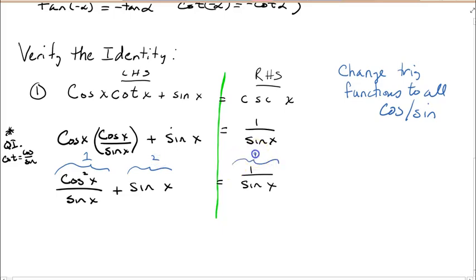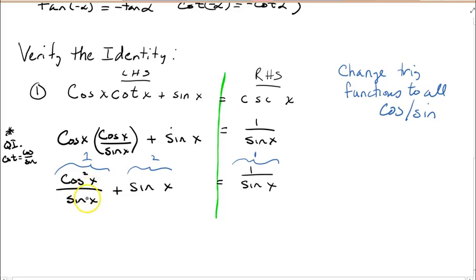The right-hand side only has one term. When you see stuff like that, another idea, of course, is to get the two terms into one term. In other words, on the left-hand side, I have cosine squared over sine plus sine. I can get a common denominator and bring them together as one fraction. You are going to do this often, so let's talk about that common denominator.